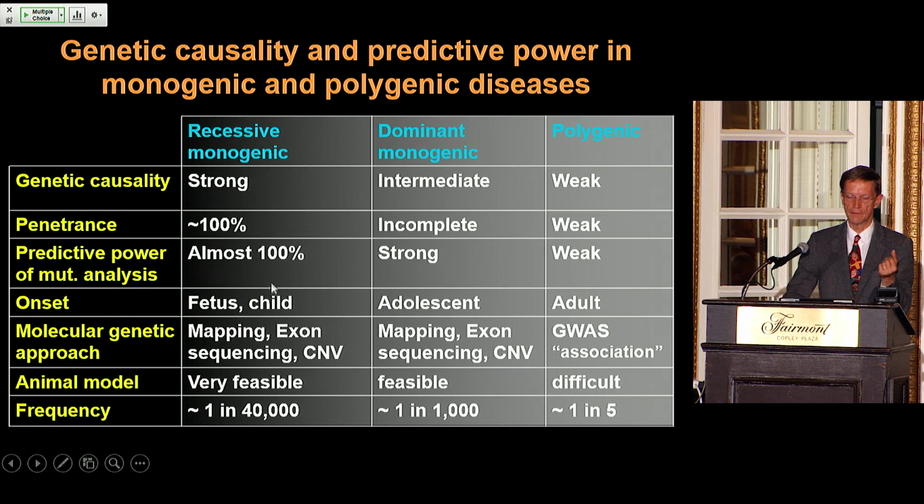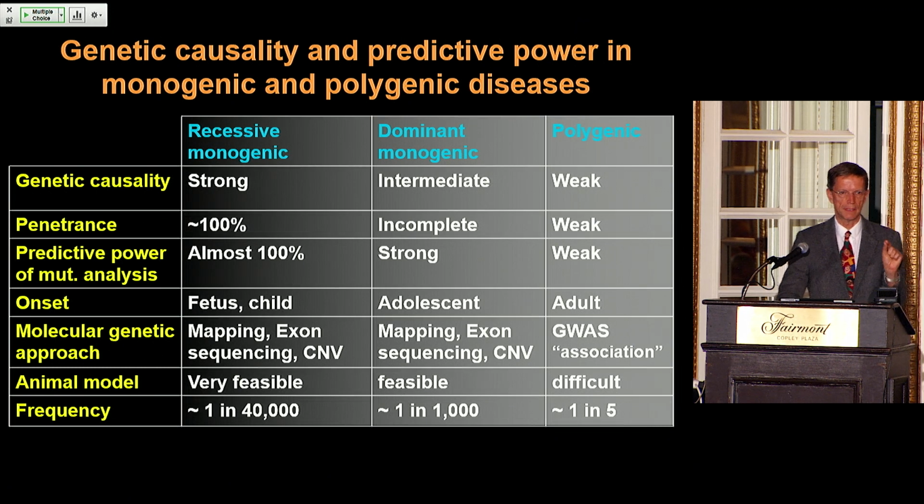The onset of recessive diseases has a tendency to occur earlier, whereas dominant mutation diseases often occur in adolescence or adult life. These genes, the recessive and dominant ones, have been discovered by whole exome sequencing and copy number variant analysis, whereas polygenic disease genes are often mapped to a specific chromosomal region by genome-wide association studies. And whenever you see the term association, that means there's no clear causality that a specific mutation is known to inescapably cause disease.